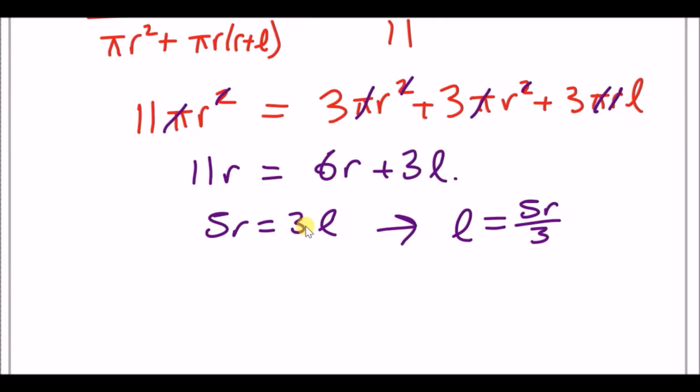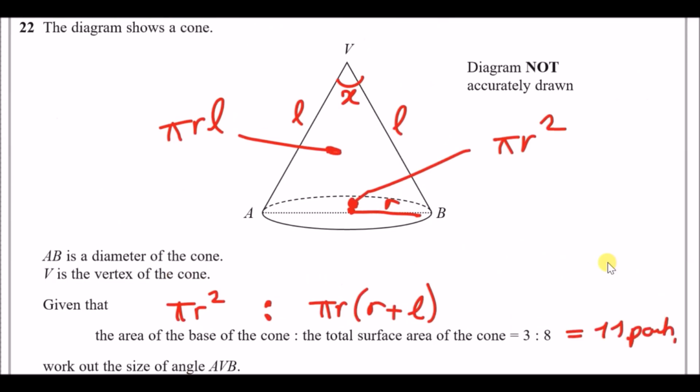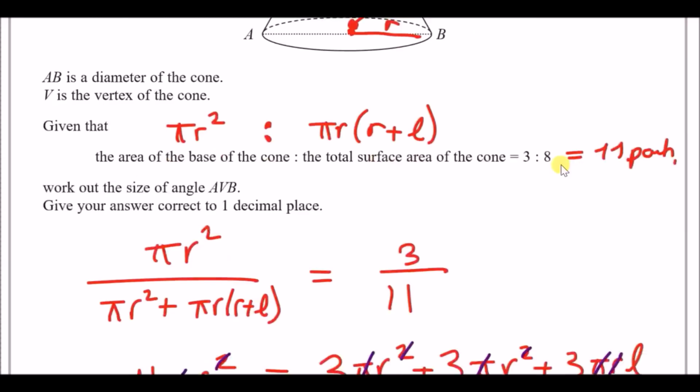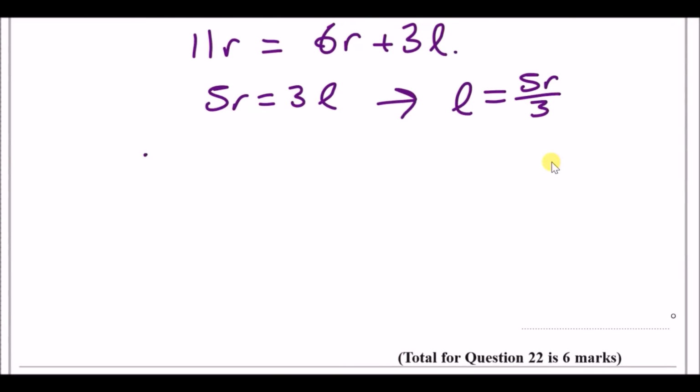Now, why did I do this? Well, since we're trying to find this angle here, a clever technique is to realize that this is in the shape of a triangle. So let's redraw this at the bottom, so you can see more clearly. I admit it is quite tricky. If we slice this in the middle, we have a right angle triangle, a length of r and a length of L. But we know what L is now.